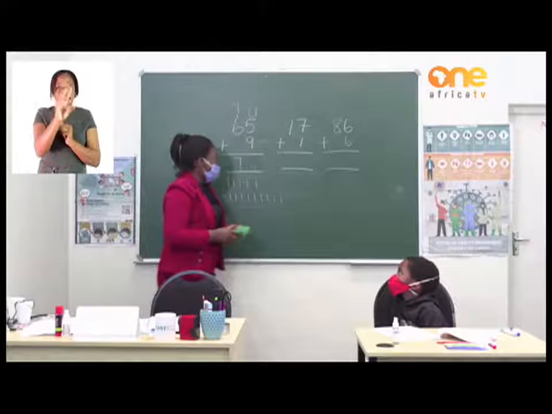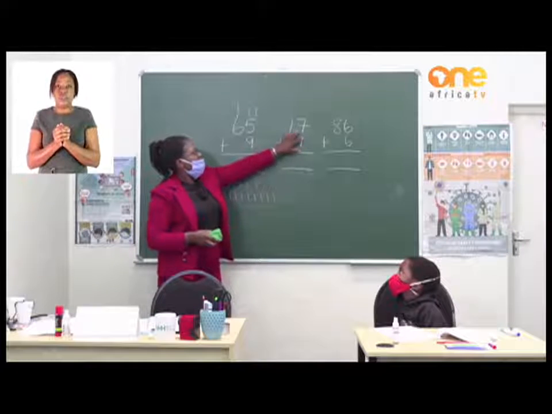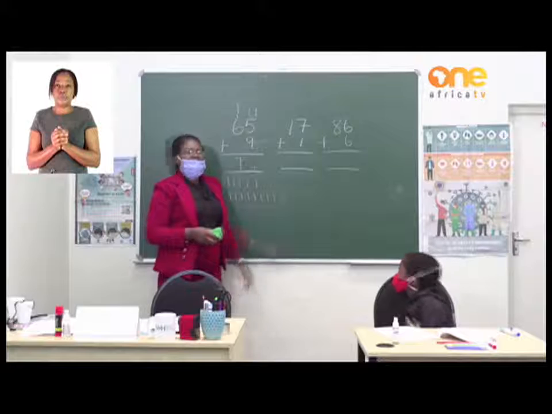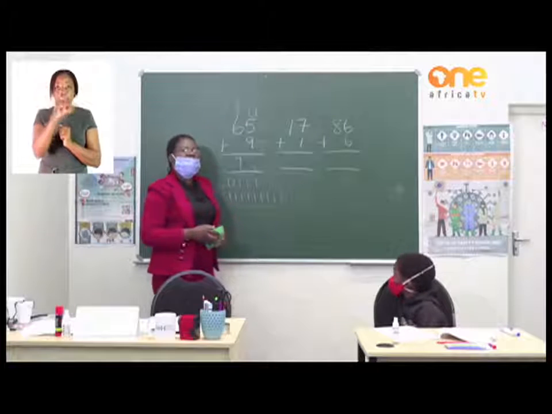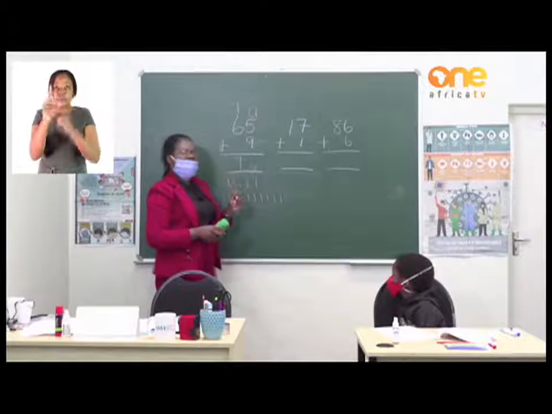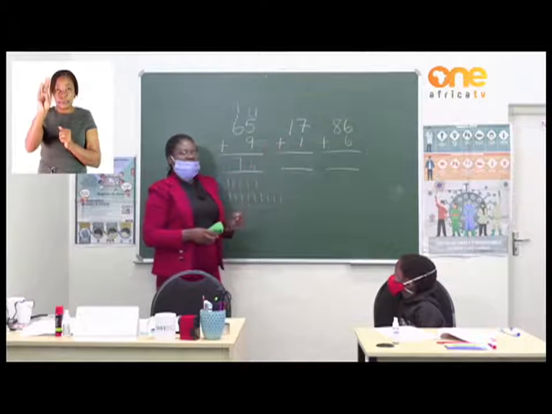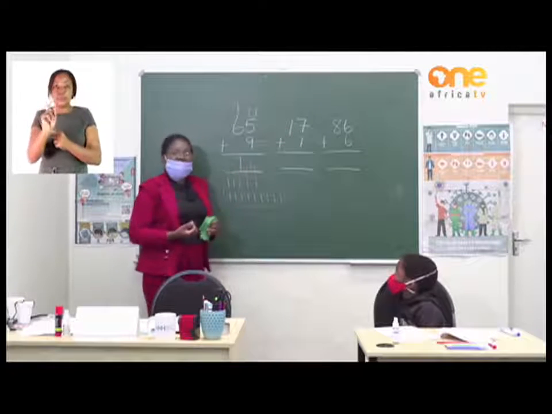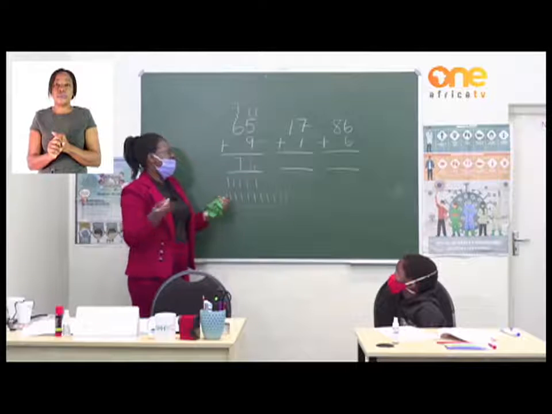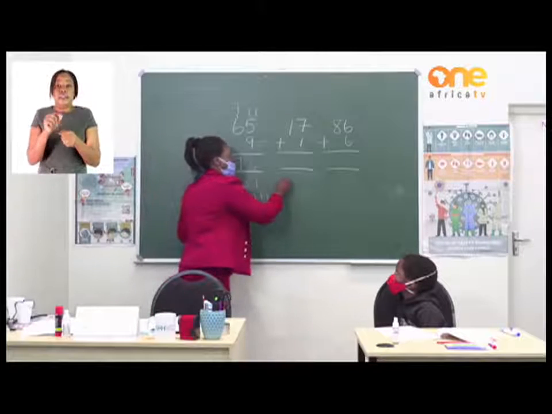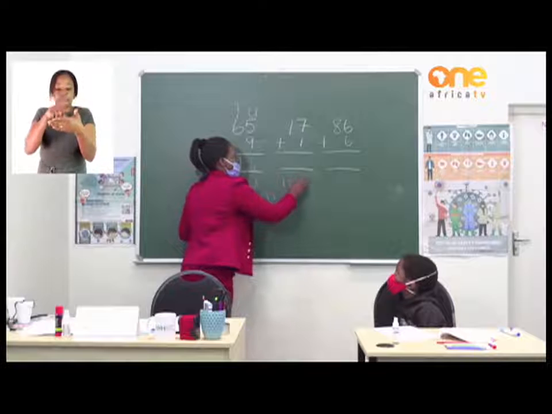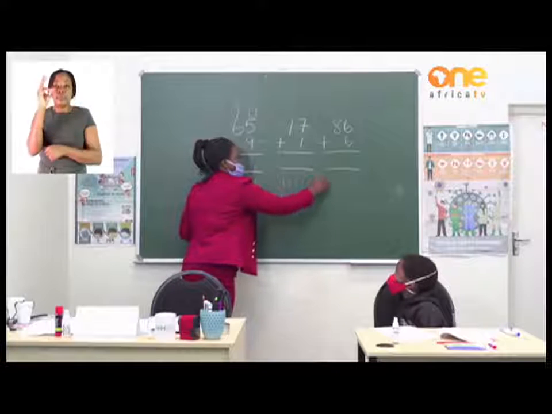Now, what about 17 plus 1? This one will be very easy for you because it's very straightforward. I'm not going to get an answer with 2 numbers. 7 plus 1. I can use my fingers or whatever I can use. I can count still the same. 1, 2, 3, 4, 5, 6, 7.